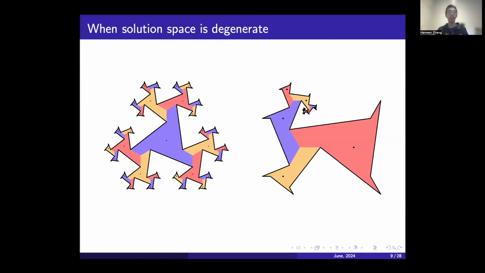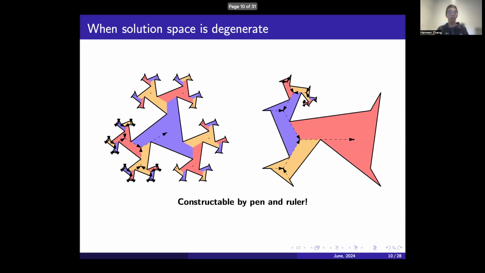We first look at an example with a degenerate solution space. So here, the minimum star partition is unique. It's easy to see that the full partition is constructible by compass and straightedge starting from the input polygon, which leads to a discrete space. Therefore, we are seeking an objective function that guarantees this kind of constructibility.